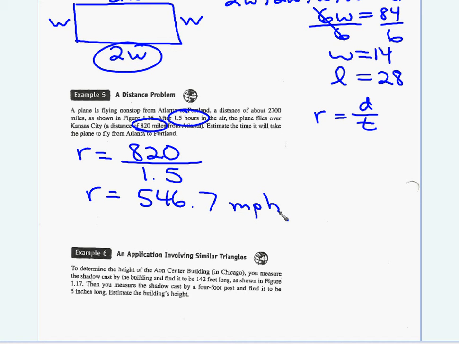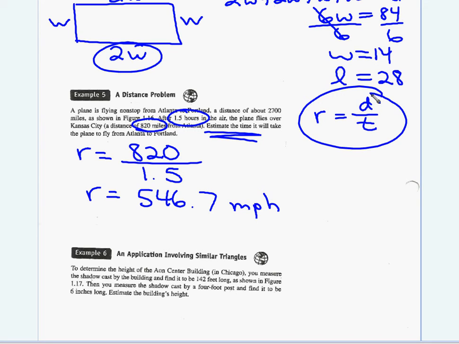Estimate the time it will take the plane to fly from Atlanta to Portland. Now notice it didn't say find the distance. It said estimate the time. So, don't I need to change this thing around a little bit?